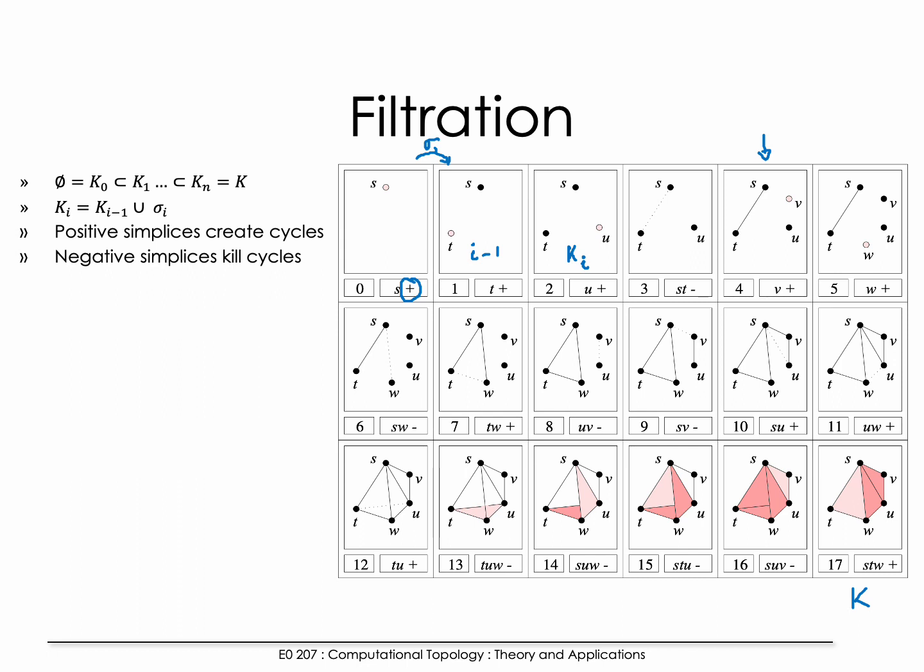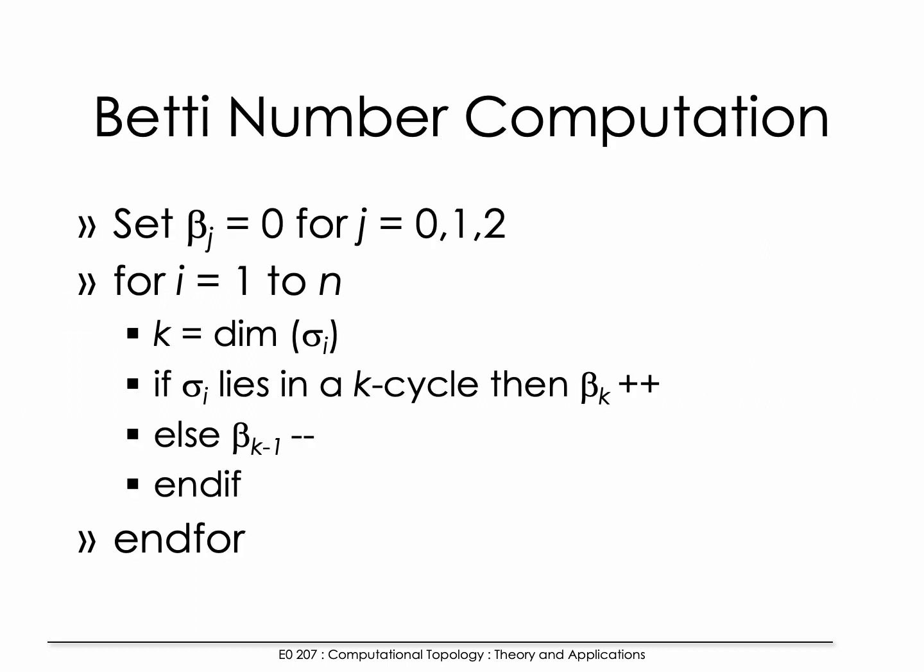So during these 17 steps, we have inserted multiple simplices, and we have also classified them, at least manually, as positive or negative. So this sequence of simplicial complexes that we get is called the filtration. So let's see some benefit of this filtration.